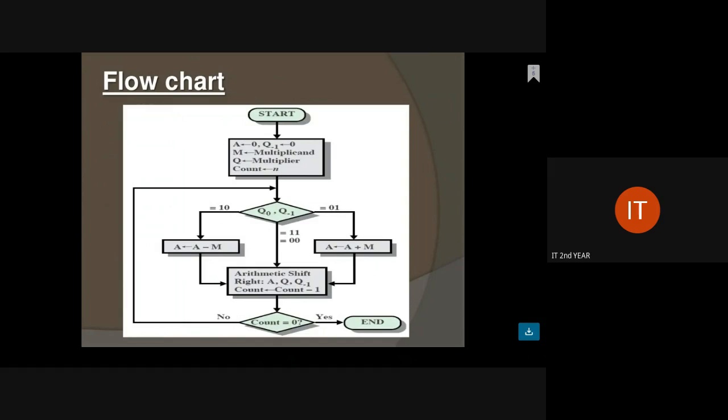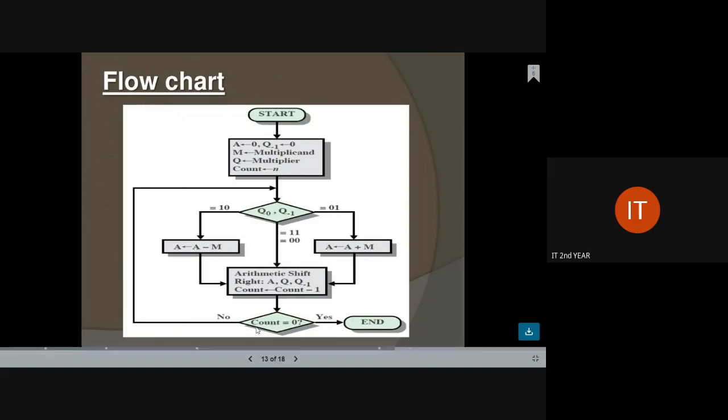That is, we are reaching the end of the particular product. When the count value is equal to 0, we reach the final solution of the multiplication. Suppose it takes two or three more counter decrements, then the looping will keep going on.